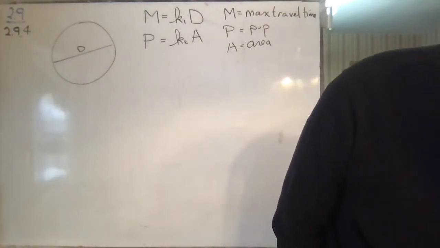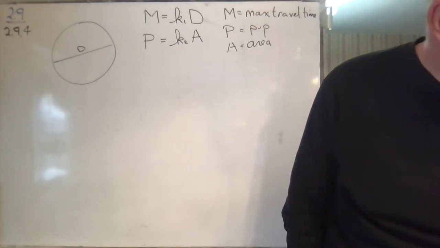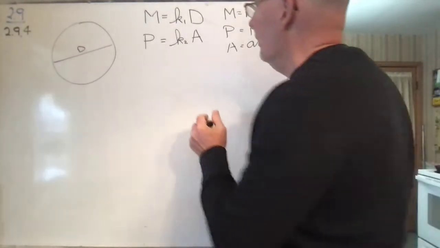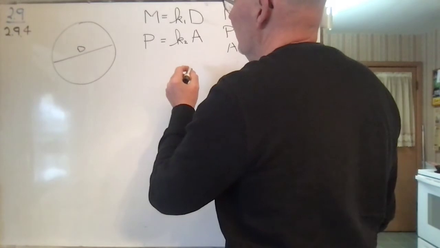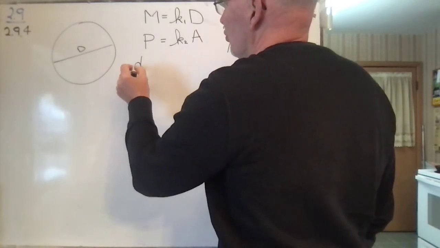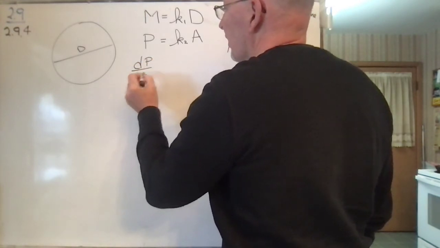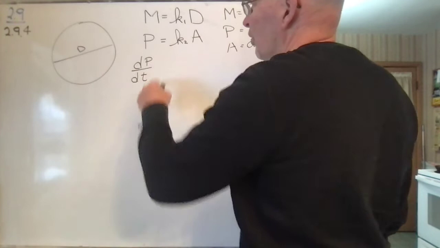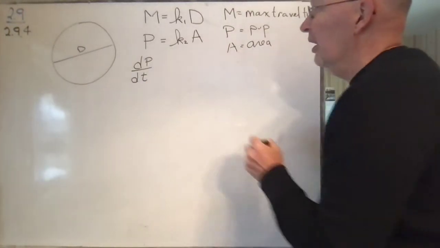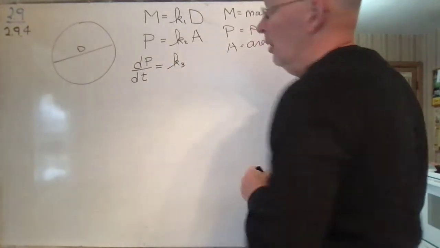And then finally, the rate of increase of the population is inversely proportional to the maximum travel time. As soon as you hear the word rate, you should think, oh, that's the derivative. That's the derivative of the population. There's the rate of increase or decrease. It's the rate of change. It is proportional to, so let's use k3, to the what?